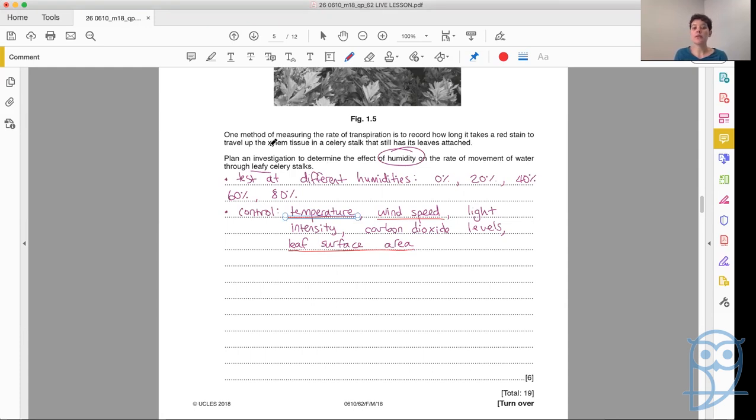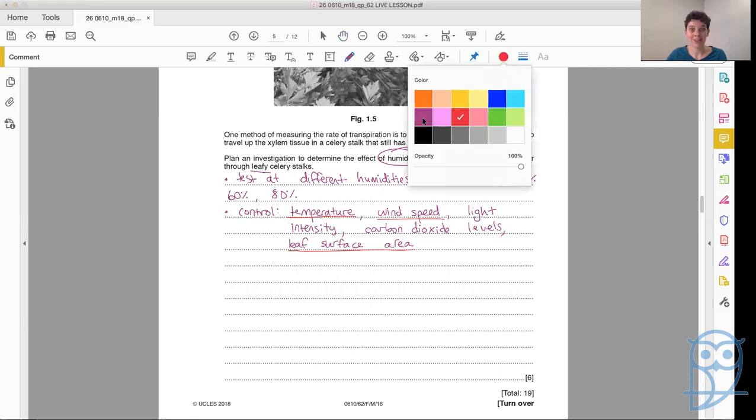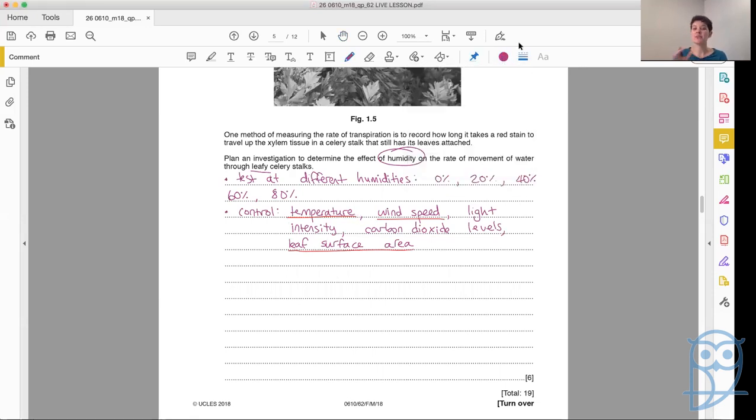So you wouldn't necessarily list all of these, but it's the idea that we're going to control lots of different variables when testing something like transpiration. But we want to be particularly sure that we're controlling those things that are going to affect the plant's perception of the humidity. So temperature, wind speed, and leaf surface area.